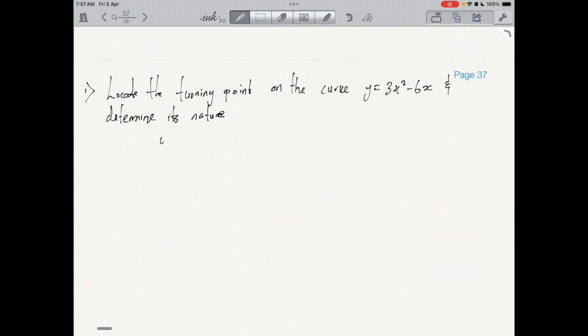We're given y equals 3x squared minus 6x. And step 1 says we should find dy/dx. And dy/dx in this instance is 6x minus 6.